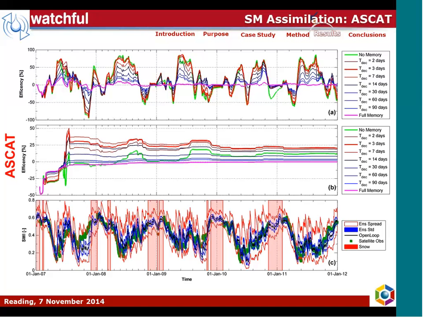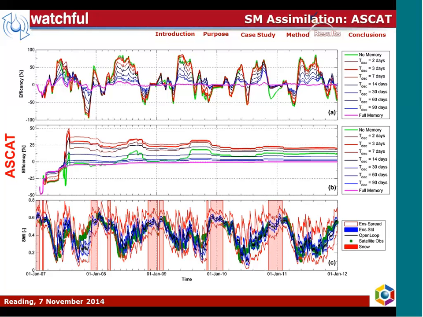So the interesting thing here is that you see that there are different specific periods in each year where you can improve stream flow predictions using soil moisture data sets, and there are other periods where at best you remain close to the open loop, and there is even a slight risk of decreasing the performance of the model.